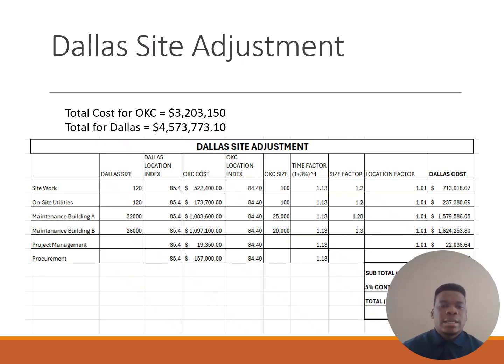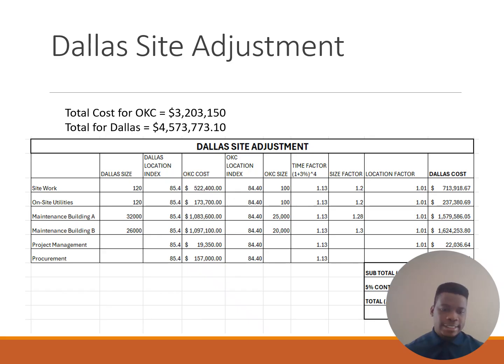As you can see, Dallas has a slightly lower location cost index compared to Oklahoma City, but the Dallas building and site area are larger. The size factor increases the cost after our adjustments and the 5% contingency. The total estimated cost for the Dallas project is approximately $4.57 million.